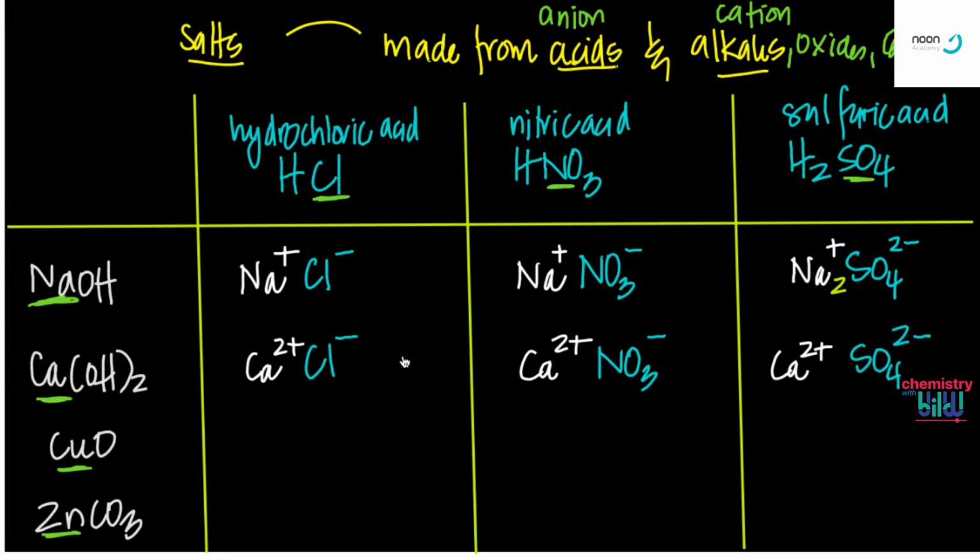And now you balance the charges. Calcium is 2 plus and chloride is 1 minus, right? So that becomes CaCl2. Calcium is 2 plus and nitrate is 1 minus, so Ca(NO3)2. Calcium is 2 plus, sulfate is 2 minus, that is 1:1 ratio. Are you so far following how I'm making the salts? Is this making sense?